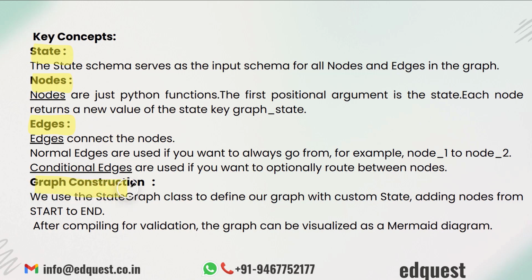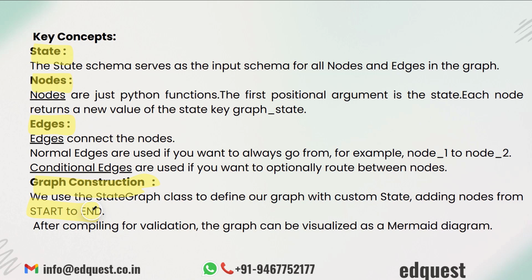And the next is graph construction. To define the entire flow, LangGraph provides a class called StateGraph. Here is what you typically do: define your custom state schema, add nodes and connect them using edges from start to end.